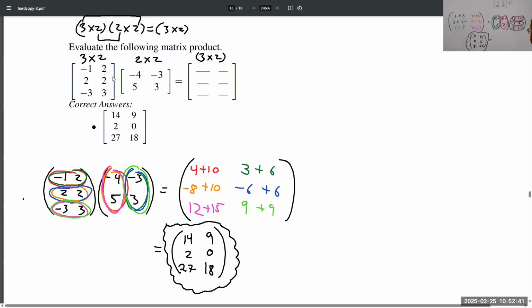Is it clear how I did that? Are there any questions? I'm trying to map this out, so if you look back at it, you can see where it came from. But I don't know how good I'm doing. Hopefully it's clear where these numbers are coming from, how I'm multiplying them.